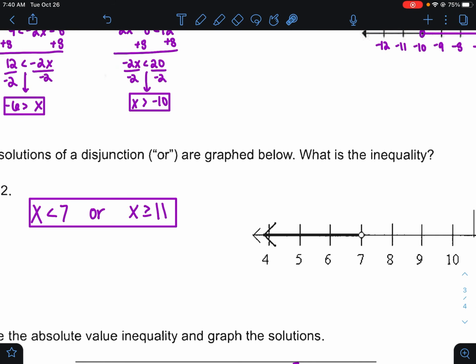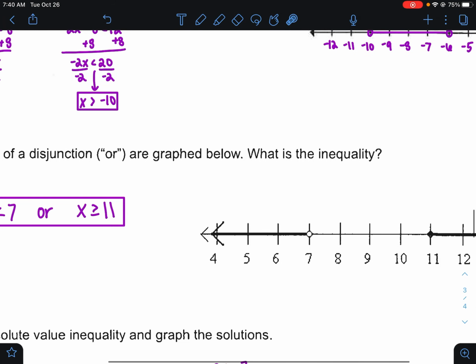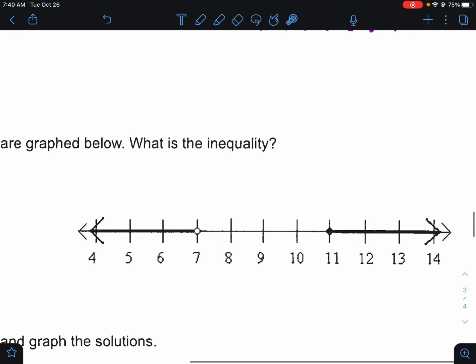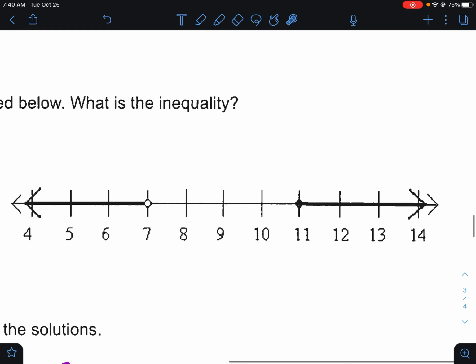Okay. This one here says the solution of the disjunction is graphed below. What's the inequality? Well, you have two inequalities here. The first one, we have an open circle, which means it is just going to be a less than or greater than. It's not also equal to. In contrast, this one has a closed circle, which means it's also going to be equal to.